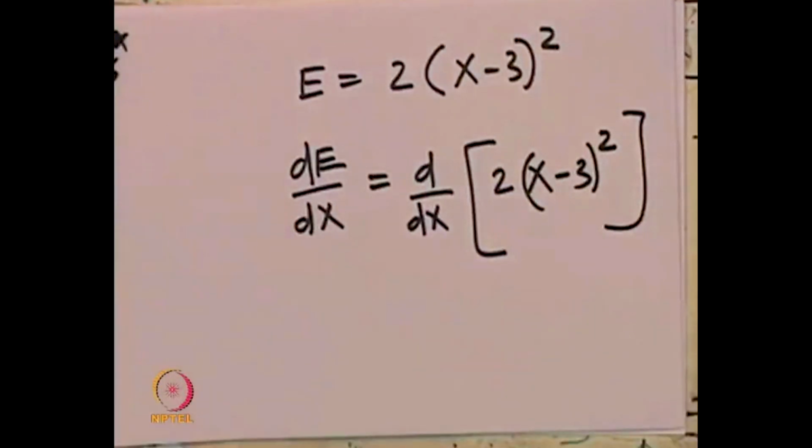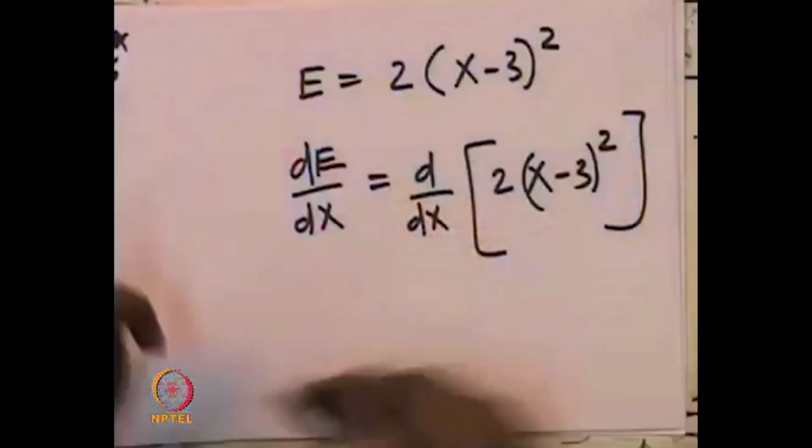So this is what we want to find out. Now this is slightly more complicated than what we learned last time. We just learned how to find the derivative of x square, x cube, x power n, but this is x minus something whole square. So how do we find the derivative of such a thing?